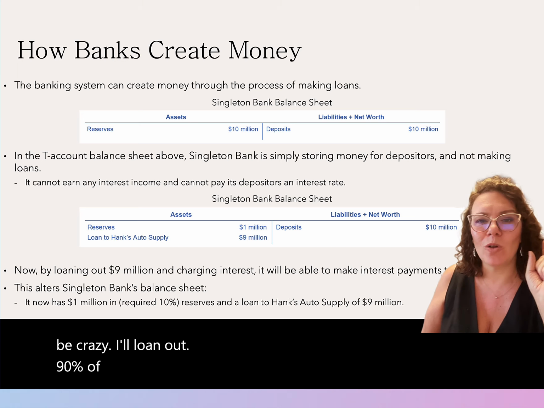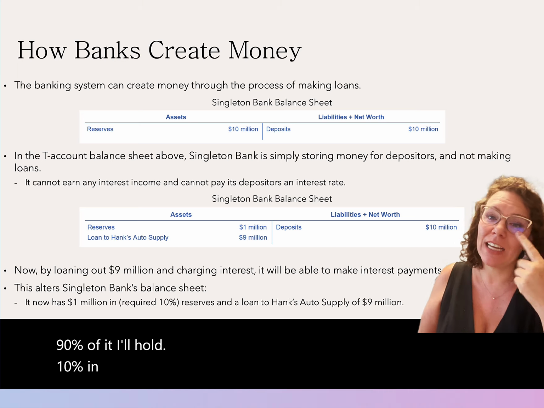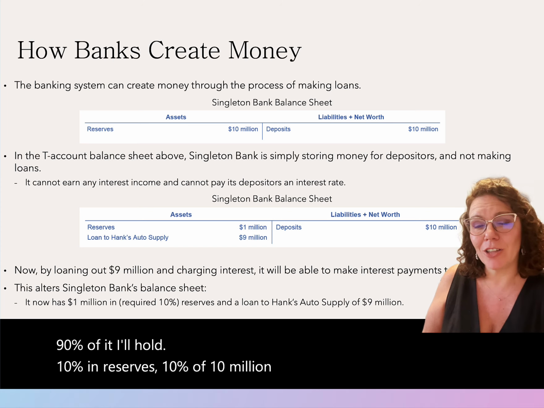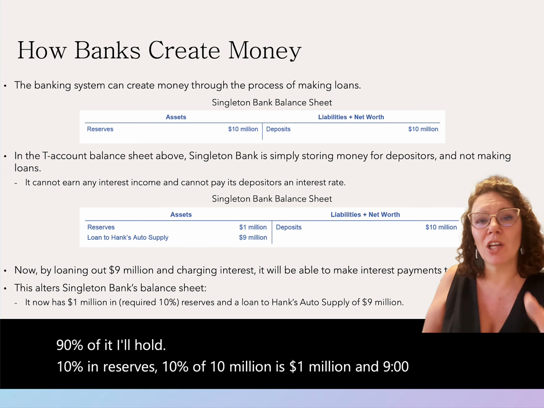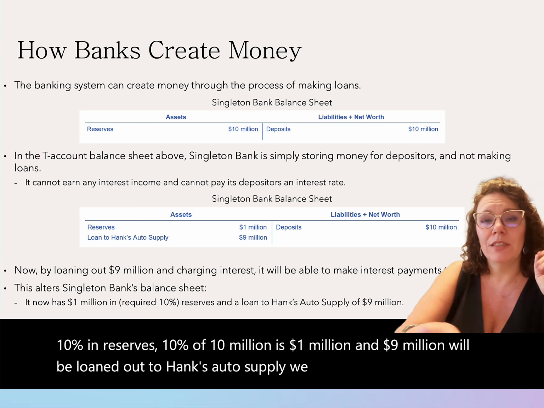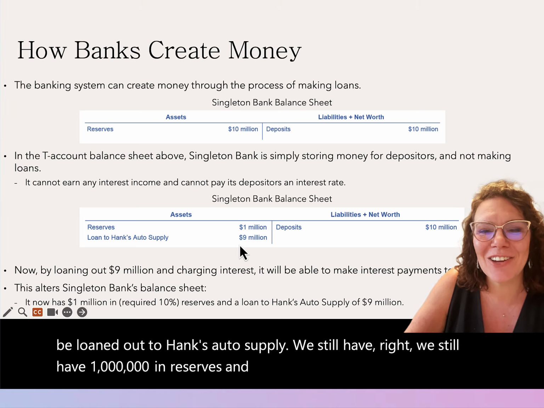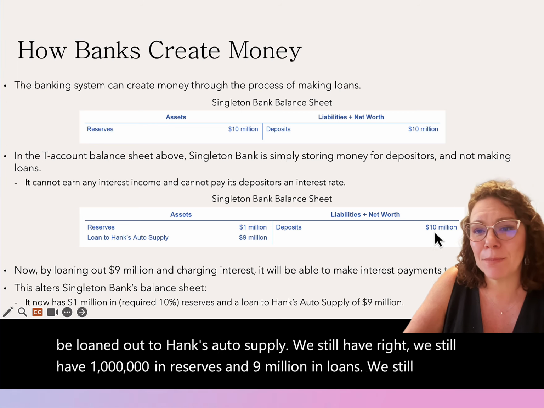I'll hold 10% in reserves. 10% of 10 million is $1 million, and $9 million will be loaned out to Hank's Auto Supply. We still have 1 million in reserves and 9 million in loans. We still owe that money back to the person who deposited it.